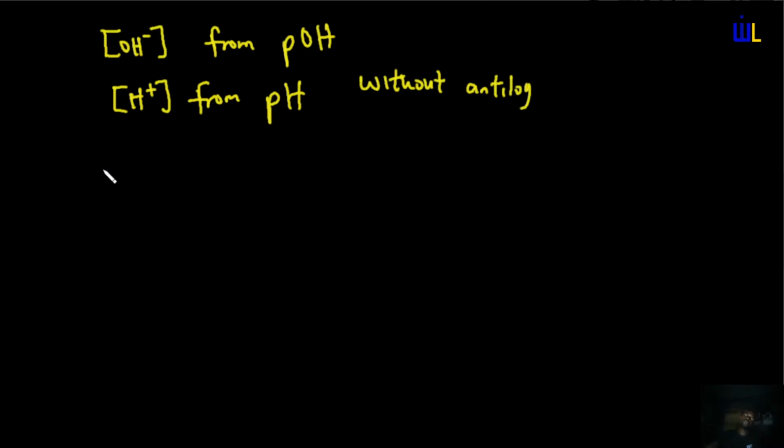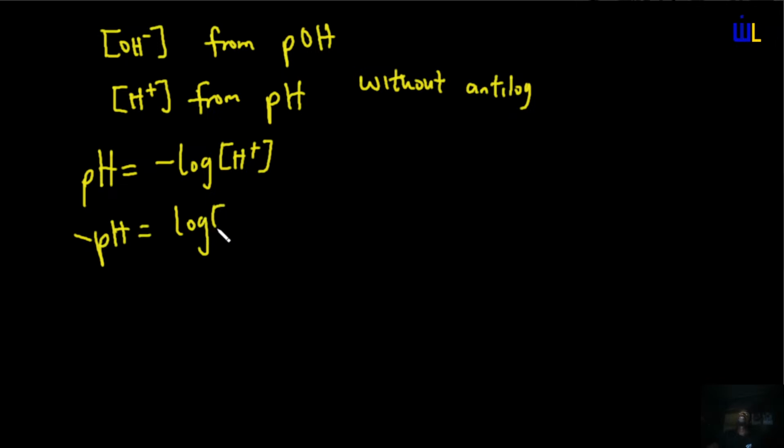It's quite simple. First of all, let's start with that of pH. pH is equal to negative log to base 10 of the concentration of hydrogen ion. So when you're looking for this, first of all, this minus has to go over, and then it will be minus pH is equal to log of the concentration of hydrogen ion.